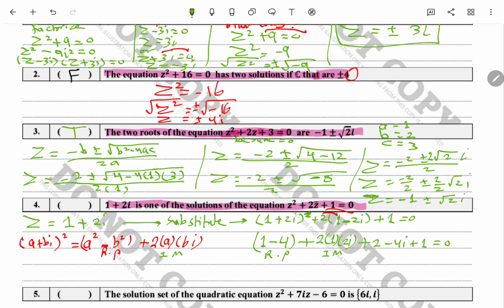Now you have to be sure that the left side, when you add it, will get 0 to make the left side equal to the right side, and that will make your statement true. 1 minus 4 is negative 3, plus 4i plus 2 minus 4i plus 1 equals 0.